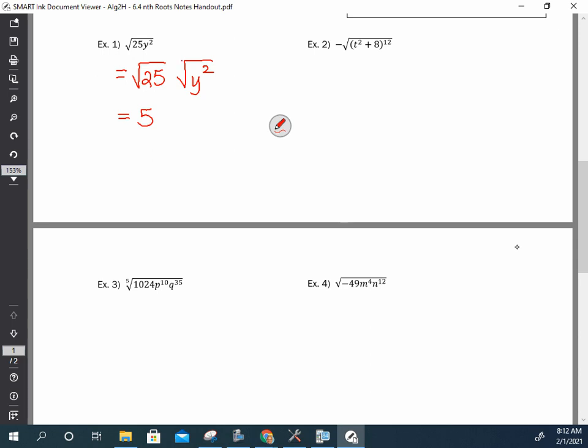So there's an understood 2 sitting on the outside. So this part is y to the 2 divided by 2 power. 2 divided by 2 is 1. So you get 5y.